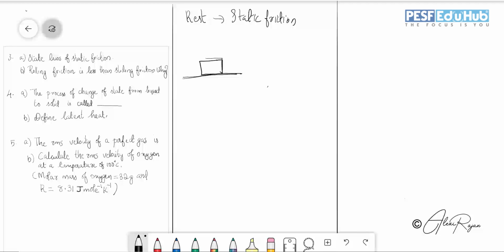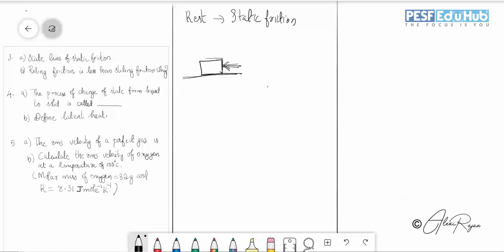Now if I am just pushing this object to this side, obviously first you just give a small push, so the object will not move, right? Again you apply some more force, again also the object will not move, and you increase it, and there will come a point.